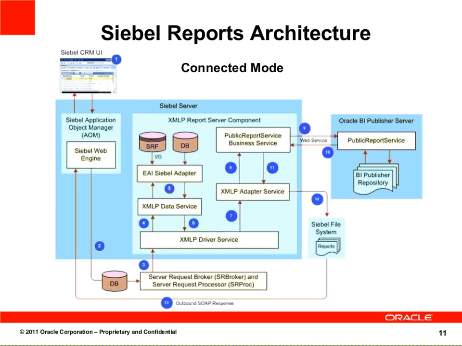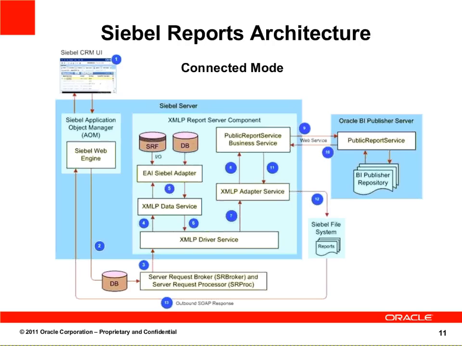They read the request from the database, and then they pass it on to the XMLP Report Server component. Okay, so these two components pass the request to the XMLP Report Server component, and then this component goes and talks to all these different boxes here.